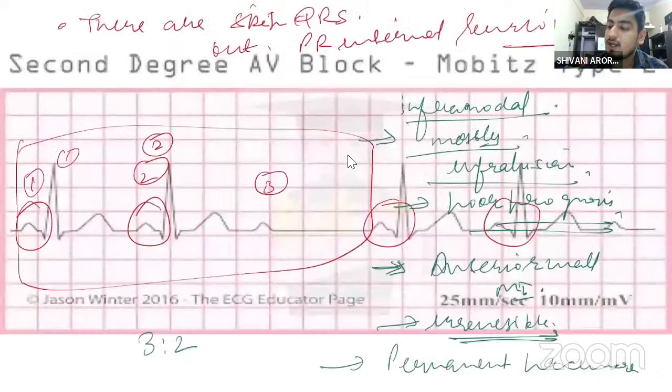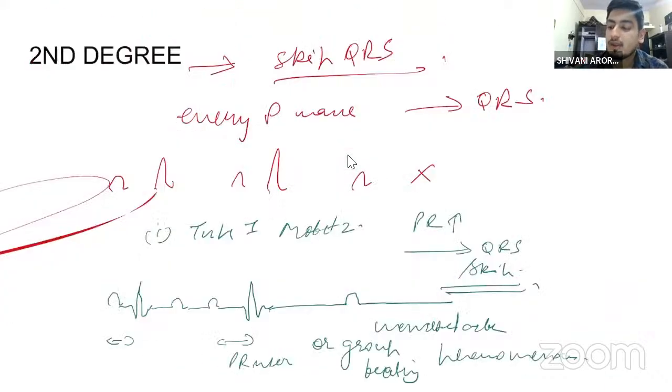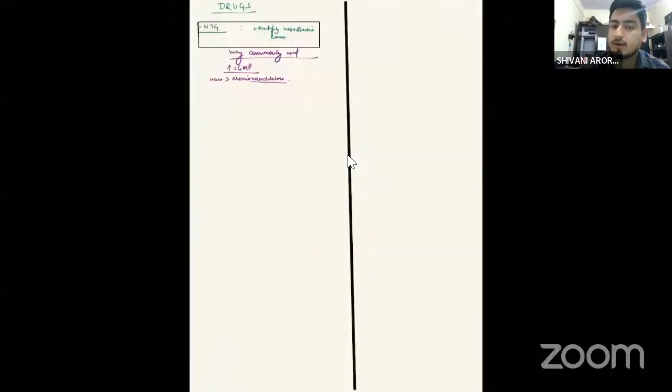Then we have the third type of second degree AV block, that is advanced AV block. Clear? So in advanced AV block, you can see this advanced AV, it's a type of second degree AV block.